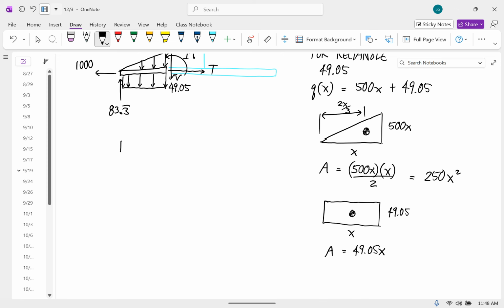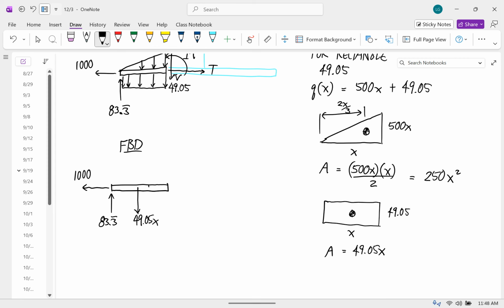So I'll redraw this free body diagram now with these distributed loads represented as point forces. We have 1,000 this way, 83.3 repeating up. We have a downward force of 49.05x.